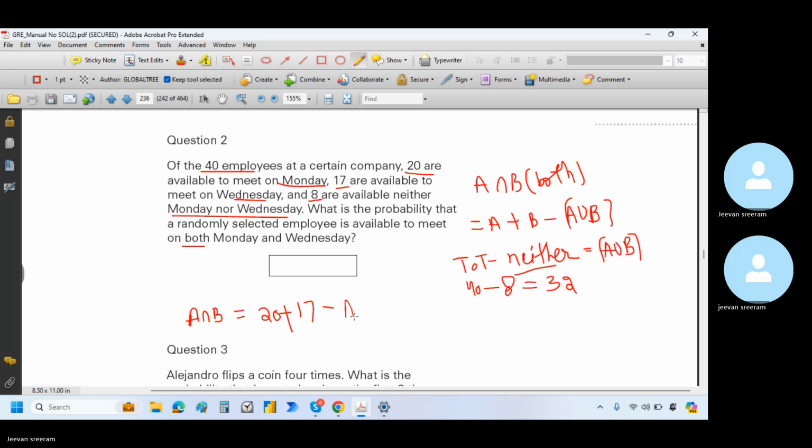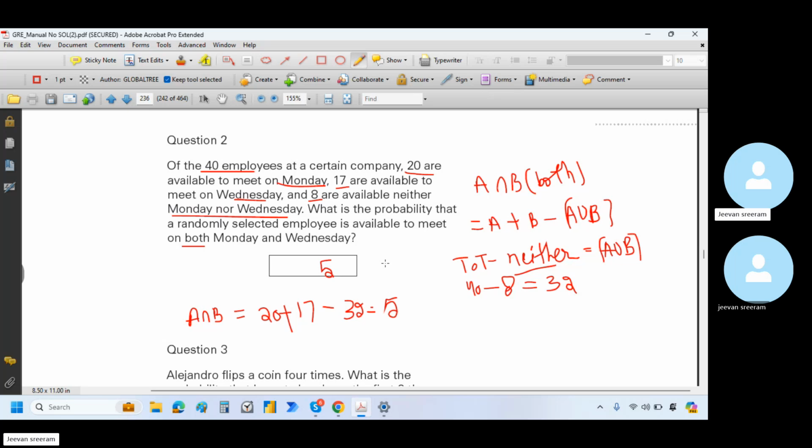A union B, we got it, no? 32. So 37 minus 32, that is 5. So these 5 people are definitely available on Monday and Wednesday, right? It comes under sets.